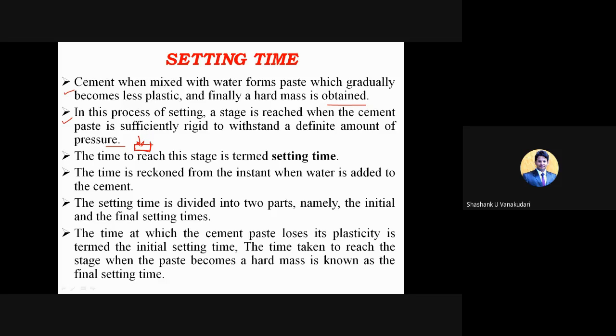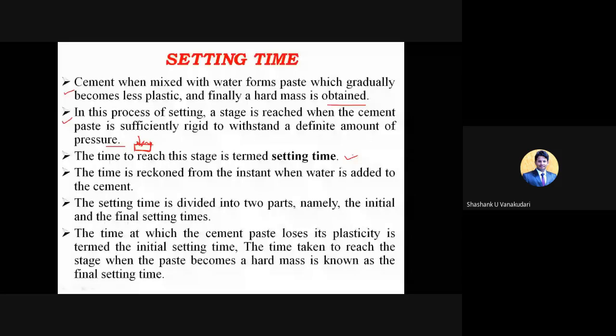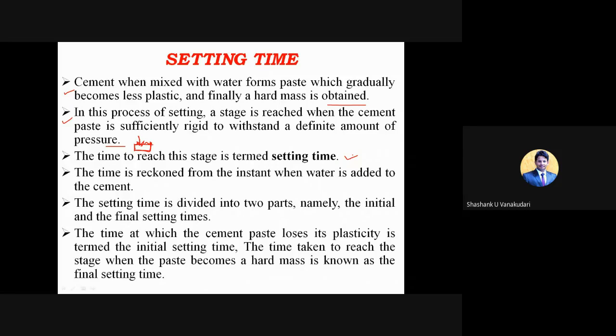It should not move from one place to another. Okay, and the time to reach this stage is termed as setting time. After applying pressure, that volume should not change. Whatever time is taken to reach that particular stage, we call it setting time.